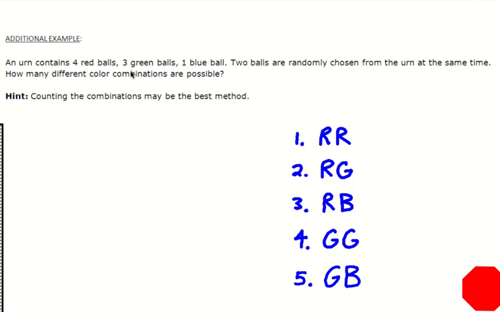Because, quite frankly, this doesn't quite fit. 4 reds, 3 greens, 1 blue. 2 are randomly chosen from the urn at the same time. How many different color combinations are possible?